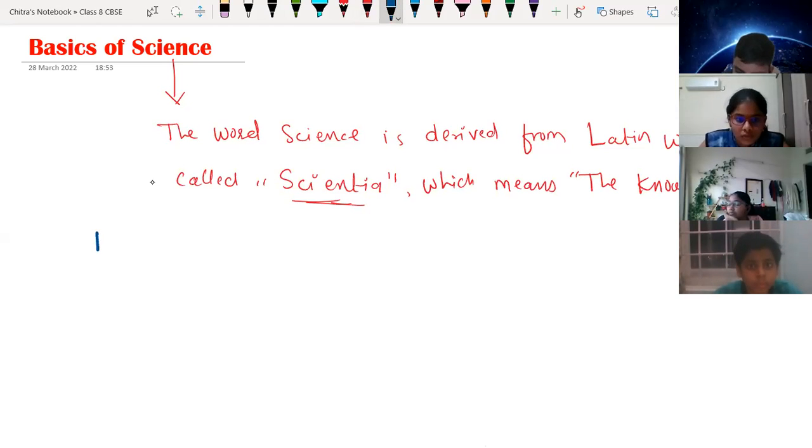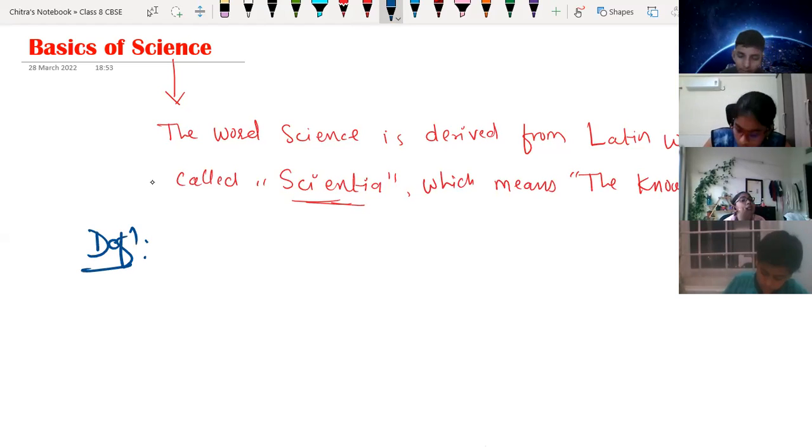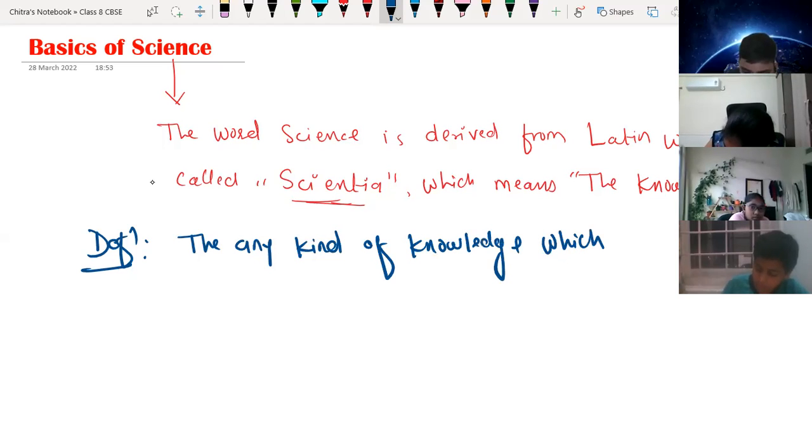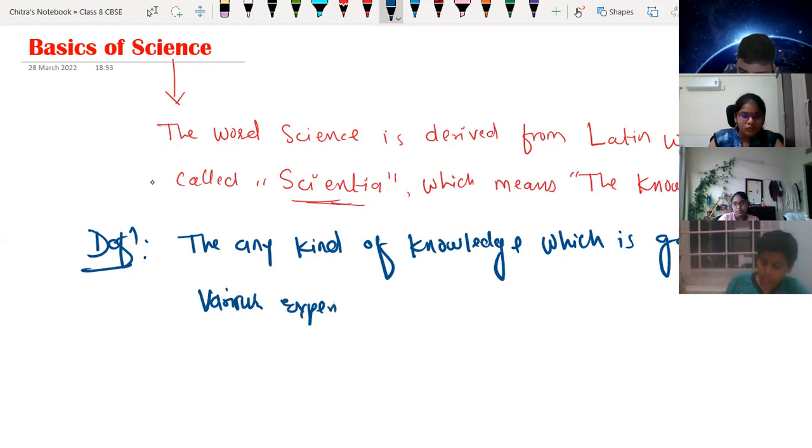So I'm just writing the definition now. Definition of science: science is any kind of knowledge which is gained by various experiment and observation.